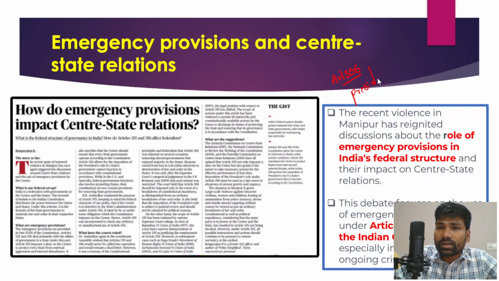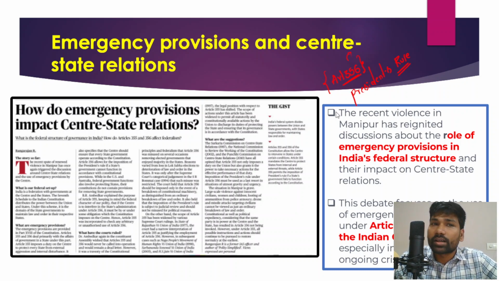However, in recent times there have been time and again allegations from the states that the union government has been violating article 356, arbitrarily misusing it and imposing the president's rule in states in an undemocratic manner, right? So how these emergency provisions, particularly article 356, have been impacting the center state relations, that is what we are going to understand in this particular article.